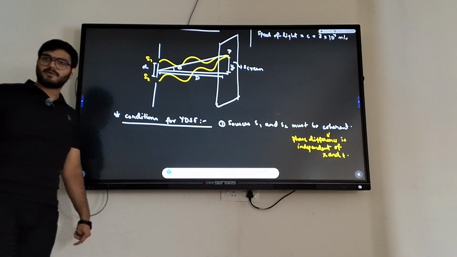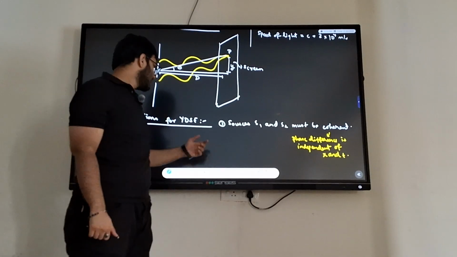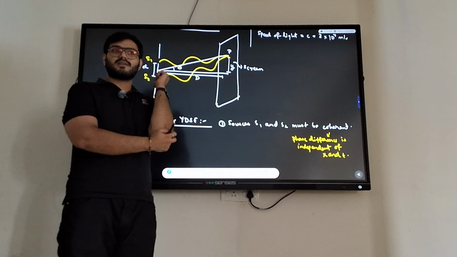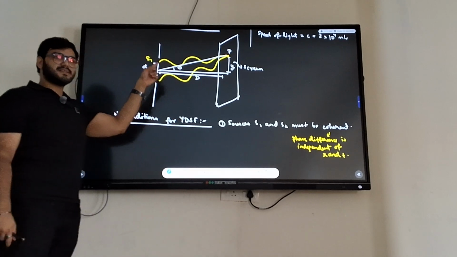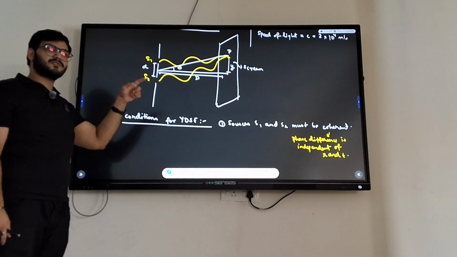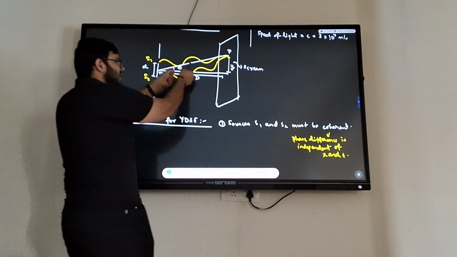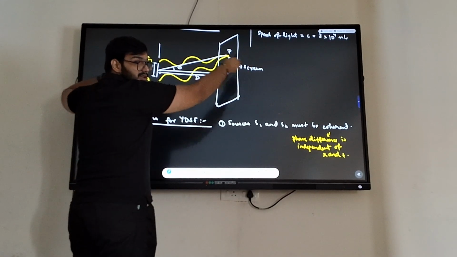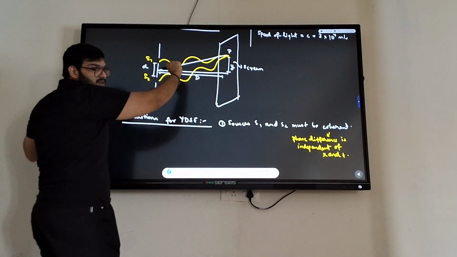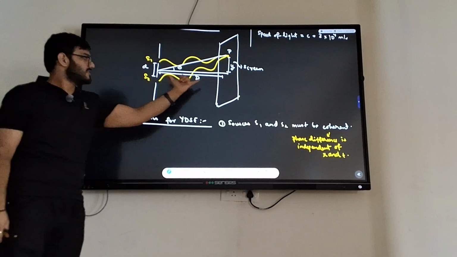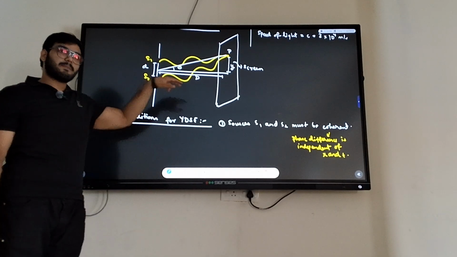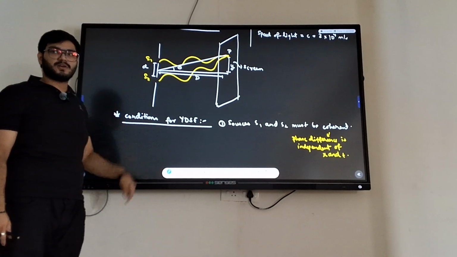What could be the second condition? We will make an approximation in the whole experiment, the small angle approximation. For small angle approximation, what do you think will happen? Your distance D has to be so huge. If I take it to be huge, only then this angle will be very, very small. So what should be the condition between this capital D and this small d? The capital D must be much greater than small d.